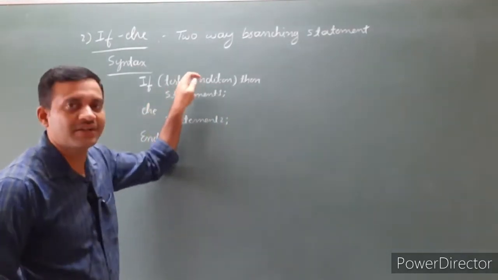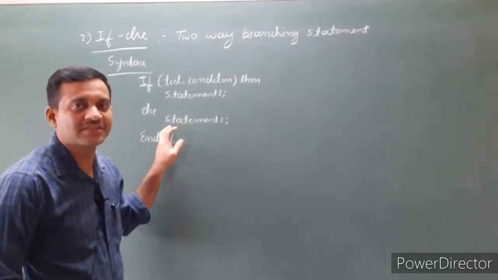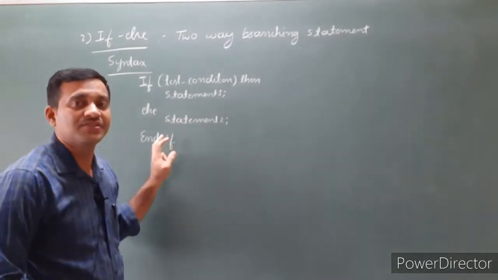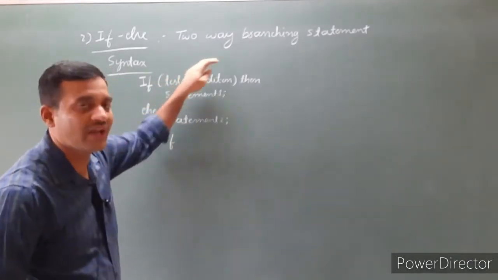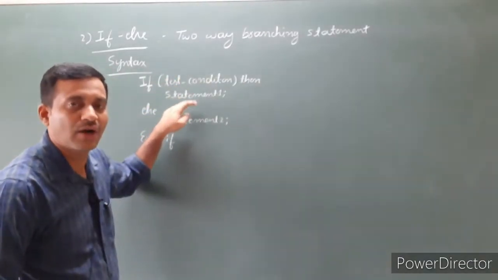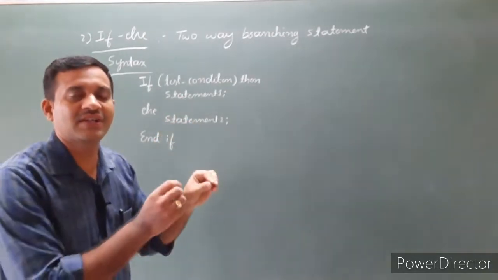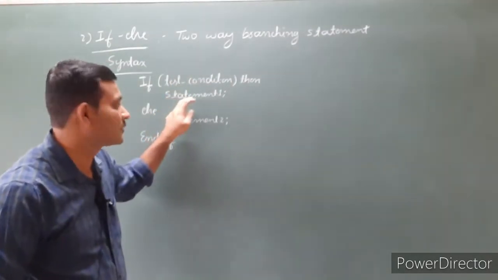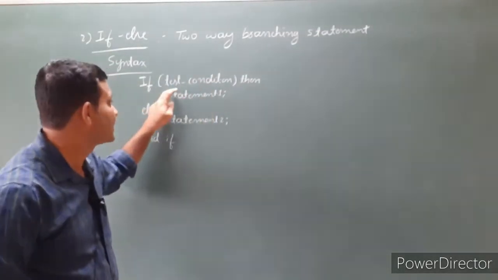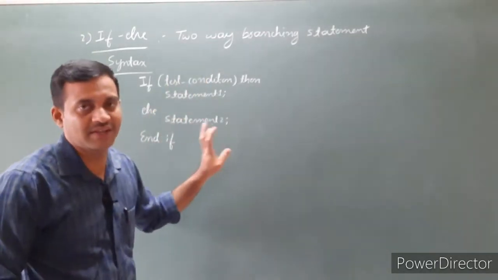If the test condition returns false, then the alternative statement, that is statement 2, is executed. There are two sets of statements, and we decide which set is executed.